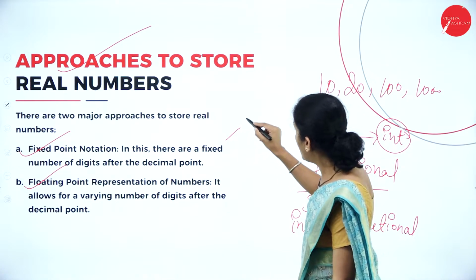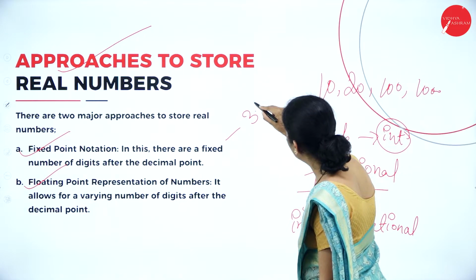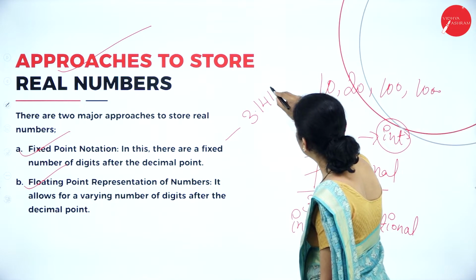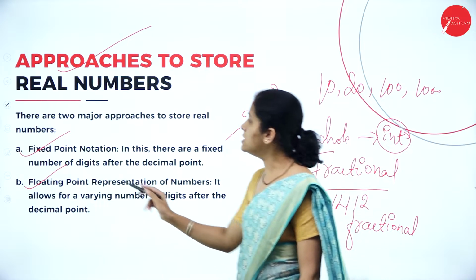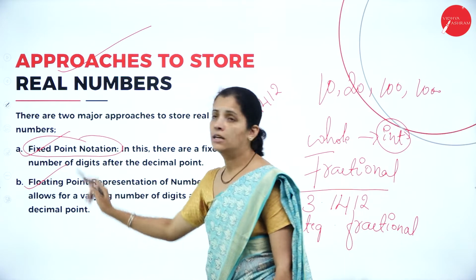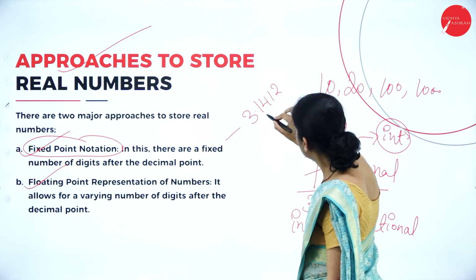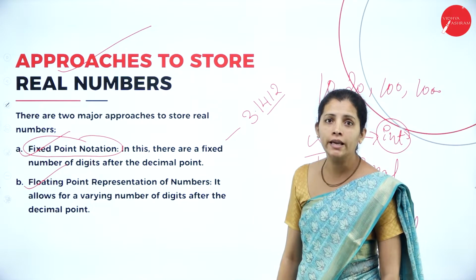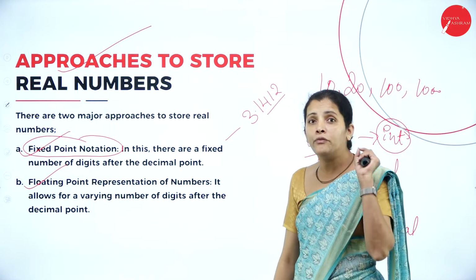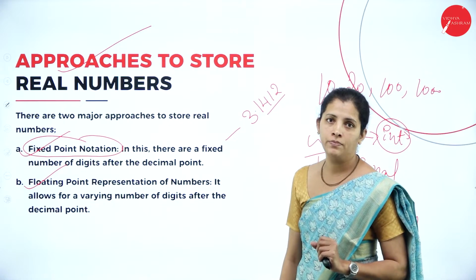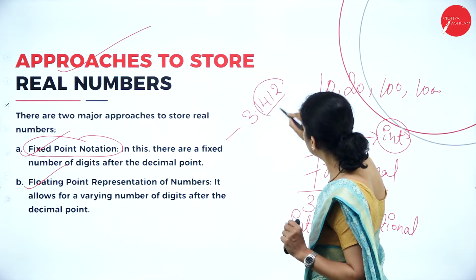Now, to explain fixed point notation, let me write the example. For example, say I have 3.1412. So what is this fixed point notation? That means after the dot, whatever the digits I'm going to get, I'm going to fix the length of the digits. For example, here it is 4.